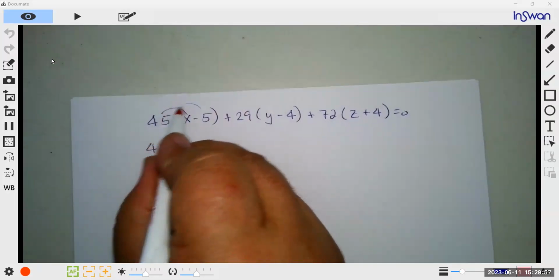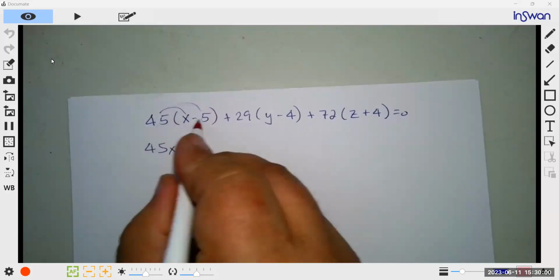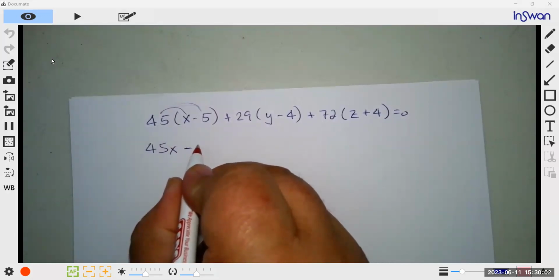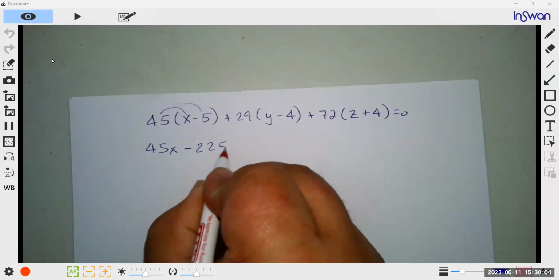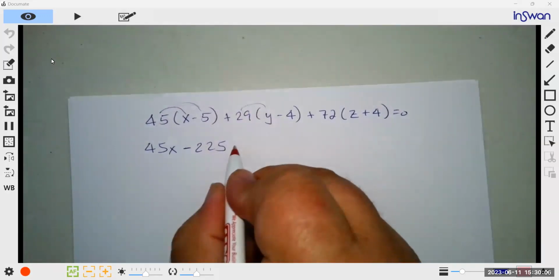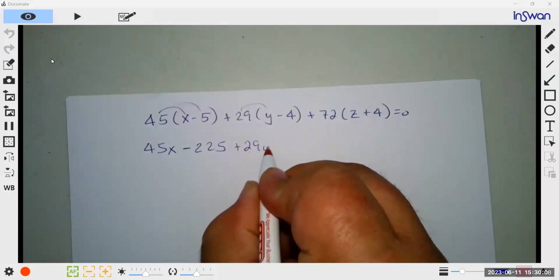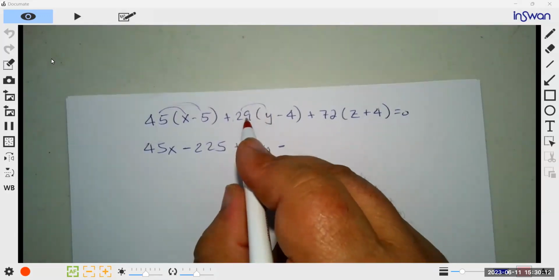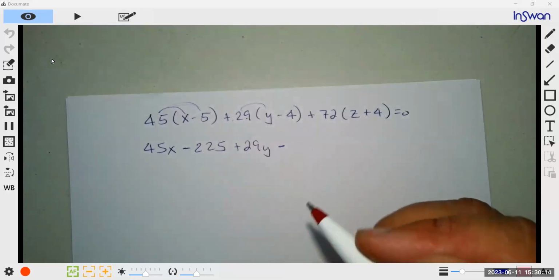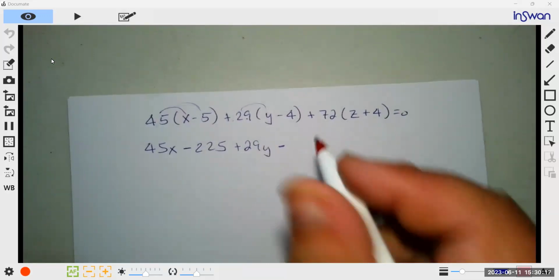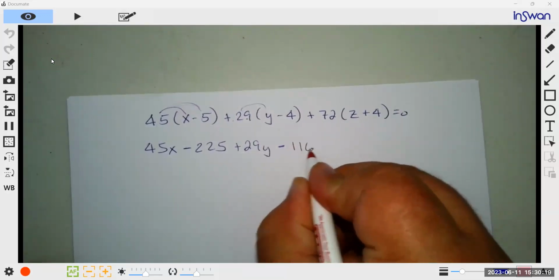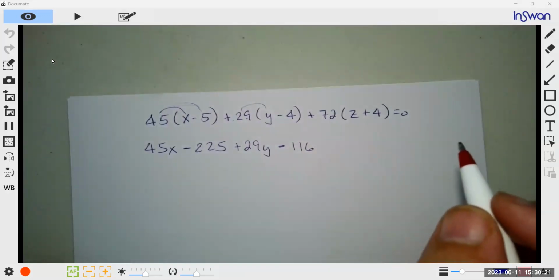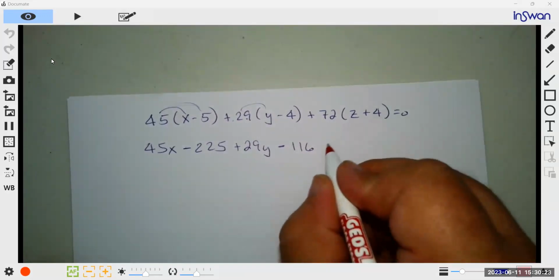-45x. Minus 45 times 5 is 225. 29y. Positive times negative is a negative. 29 times 4 is 116.